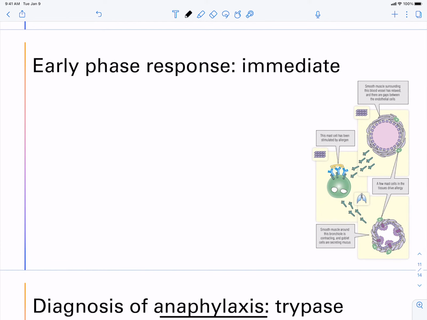All right, so let's go through all of our responses, or a few of our responses. We have what's called an early phase response, an immediate response, and these are going to be components of mast cell granules. And so these are preformed.